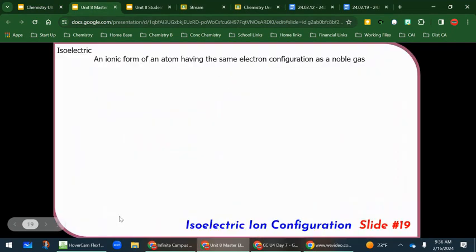It is the ionic form of an atom having the same electron configuration as a noble gas. That is the definition of being isoelectric.